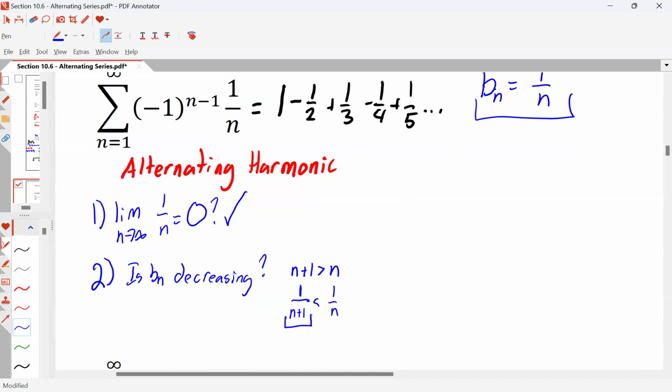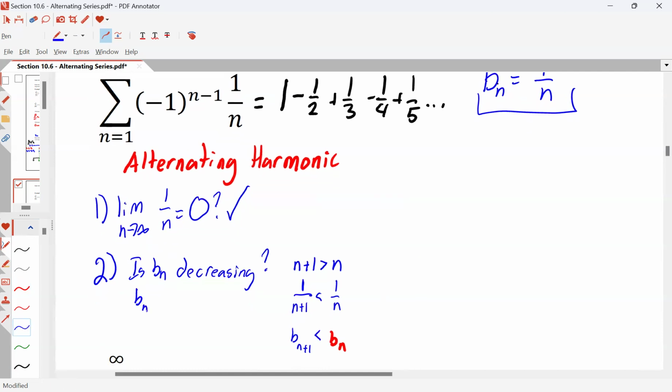This is the term b sub n plus 1. This is the n plus 1th term of the sequence. This is the term b sub n. So yes, b sub n plus 1 is less than b sub n. So yes, it is decreasing.